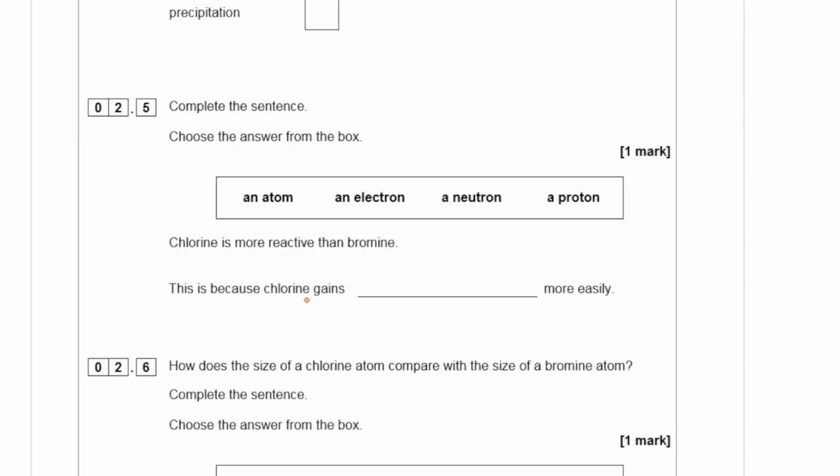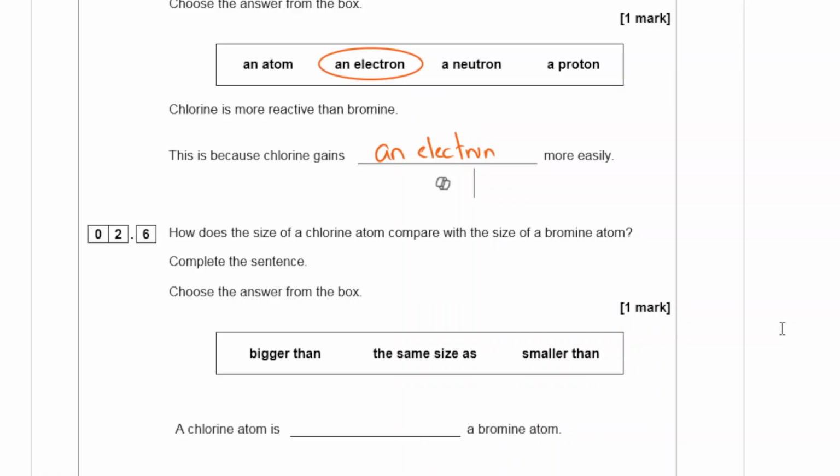This is because chlorine gains an electron more easily. Now group 7 want to gain electrons, yes. So they are all gaining electrons. An electron, it can't gain an atom, a neutron or a proton.